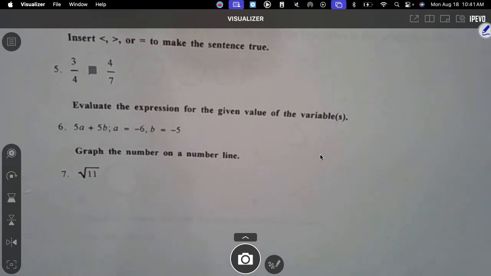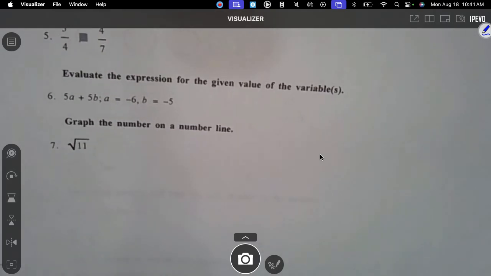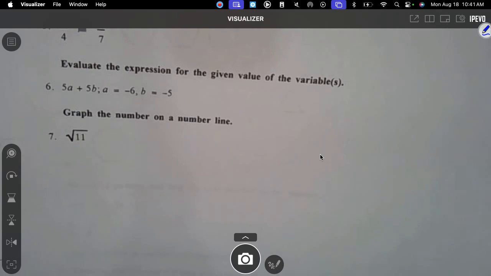The last problem on here says evaluate the expression. So it's number 6. Somebody was asking a second ago, we don't have to solve. Not on number 4, you didn't. But on this one, it says evaluate. Guess what that means? Solve it. So I'm actually going to plug it in. I'm going to put 5 times, what's A?